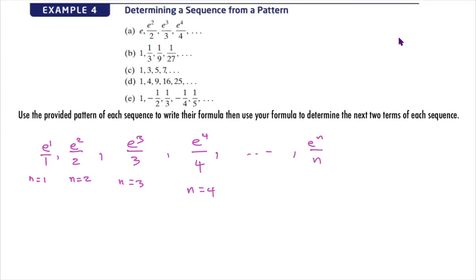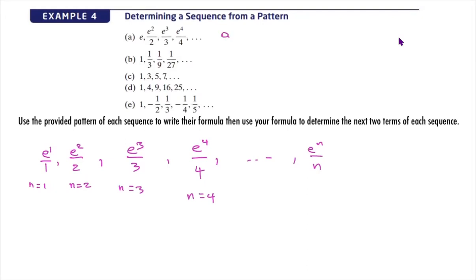So for this one, we would say that a_n equals e^n over n. And using that, if you plug in 5, you would find the fifth term is e^5 over 5, and then since it says the next two terms, that's e^6 over 6.